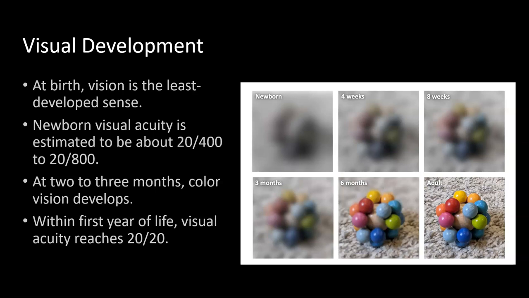Vision-wise, their eyes are pretty well developed, and they need to be able to see things that are moving in their environment. Human infants, not so much. We can't run away from anything. We can just kind of lay there. We have to be picked up. We have to be taken care of.